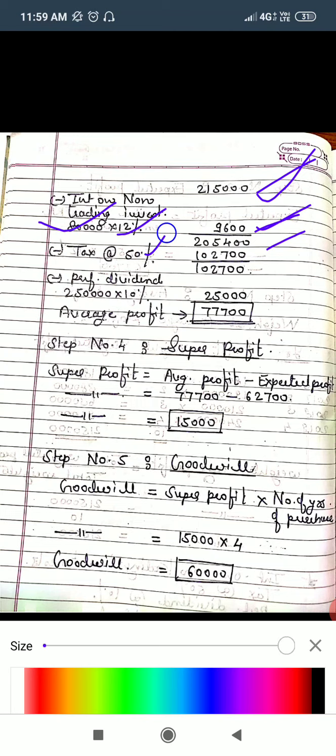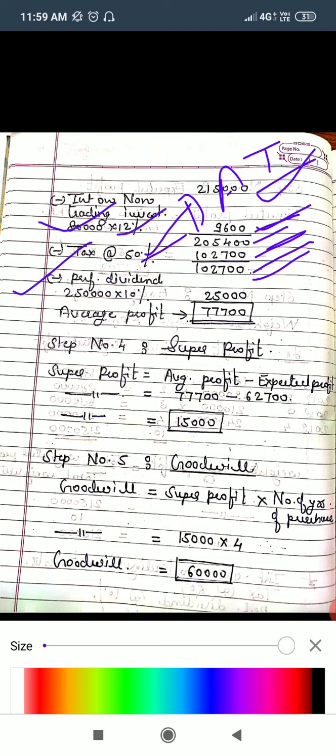Now the tax liability at the rate of 50%: 2,05,400 into 50%, you will get the tax liability of 1,02,700. If you deduct this, you will get profit after tax. How much? 1,02,700. Now the last obligation is payment of preference dividend.